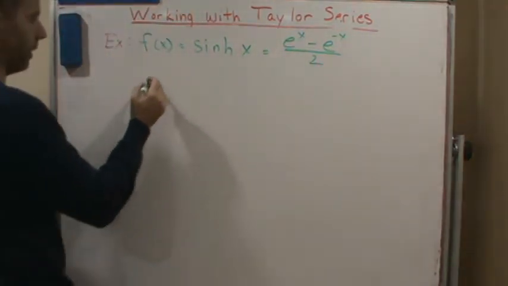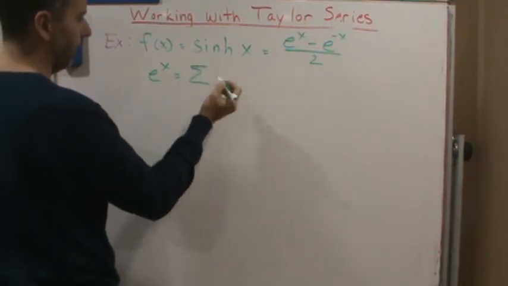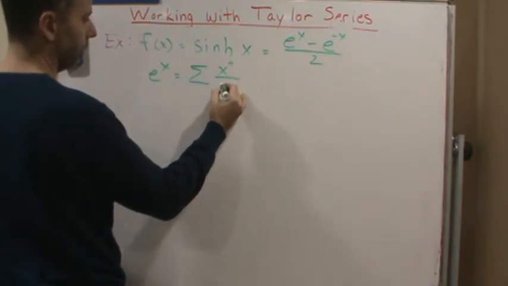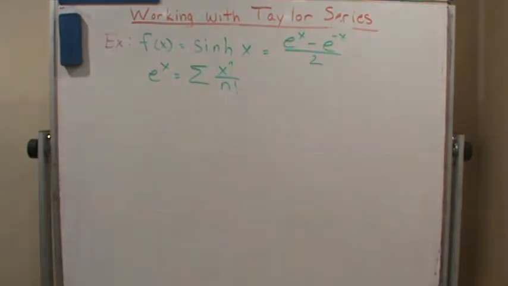And so we know the function e to the x is represented by this function, the summation of x to the n over n factorial.